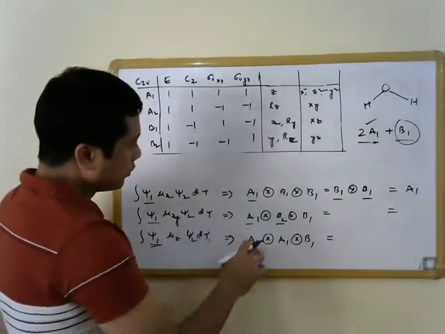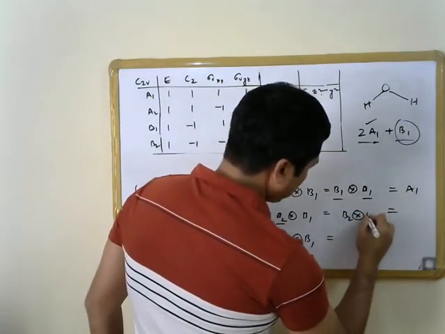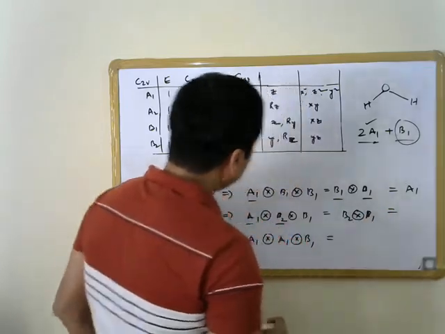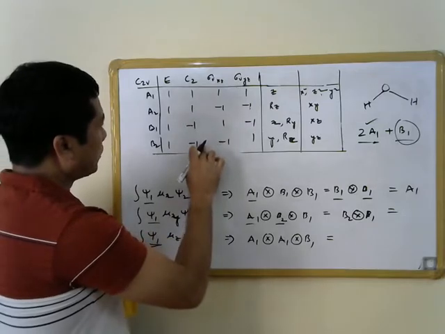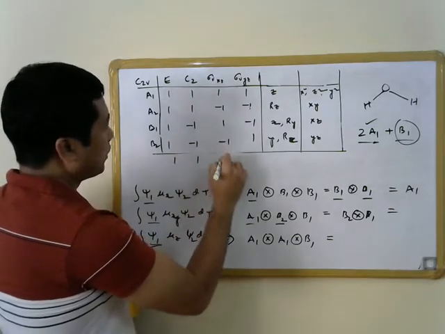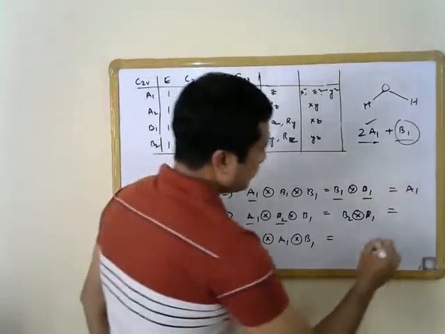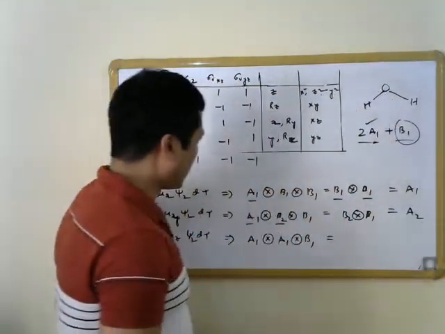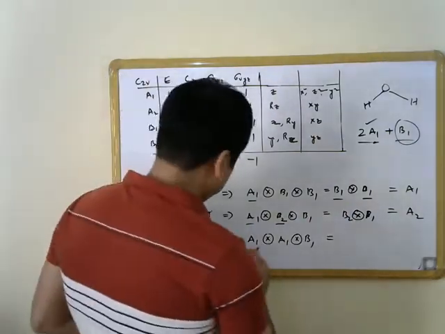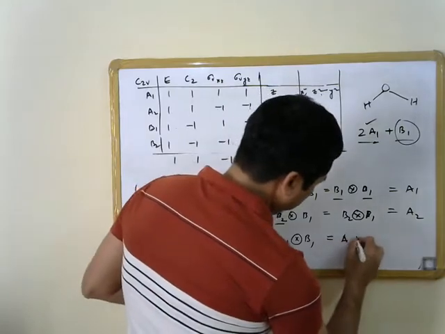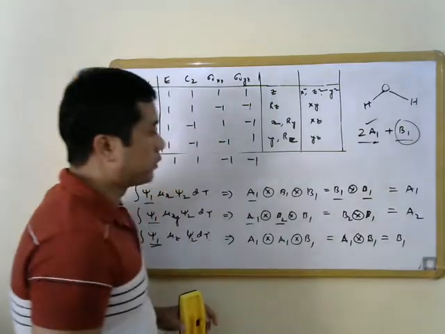So similarly, if we do for these two as well, A1 into B2 is B2 cross B1. So B2 cross B1, we can figure out 1 into 1, minus 1 into minus 1, 1 here, minus 1 over here. So that is A2, which is not A1, and that is why this transition is not going to be Y polarized. And the third one over here, A1 cross B1, the answer is going to be equal to B1.